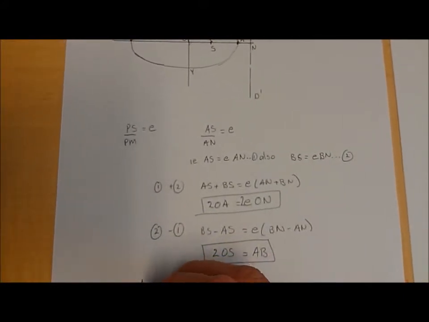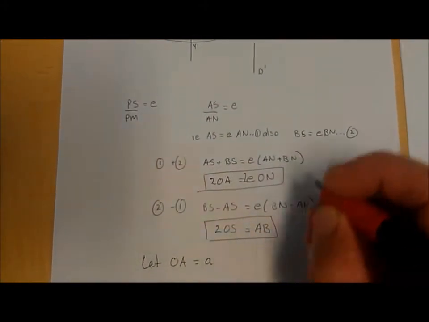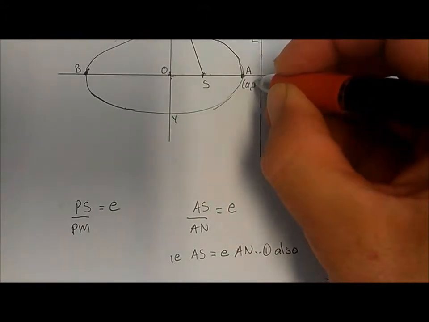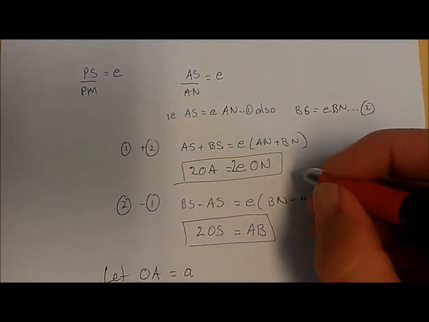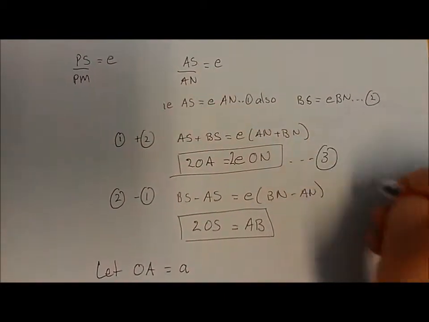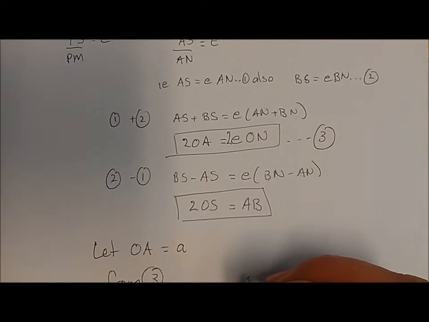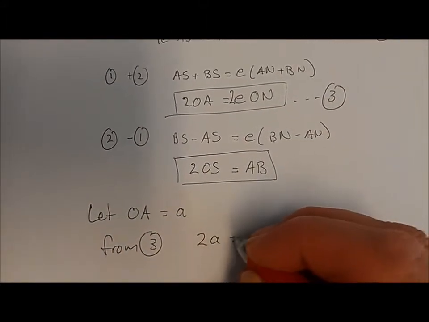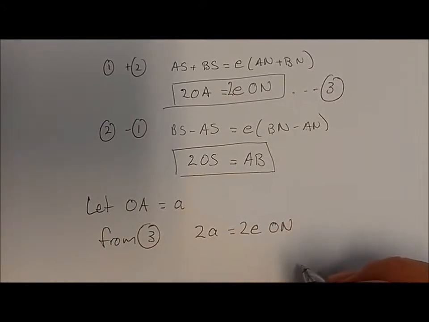And then let OA equal little a. So this distance here I'm going to call little a. So that would be the point A, 0. Okay. If that's a point A, 0, then from my equation 3, I get 2A is equal to 2E times ON.